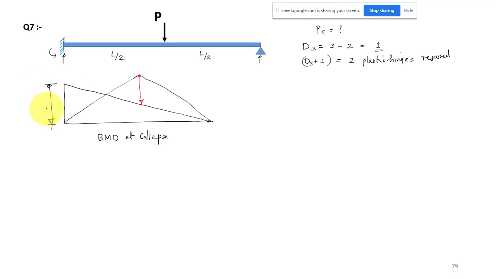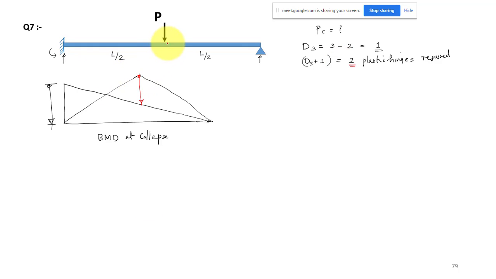That means as you keep increasing the load, the first hinge will form at the fixed support. One hinge is not sufficient for failure; we need two plastic hinges. We will go beyond that and increase the loading further, then your second hinge will form at this location.